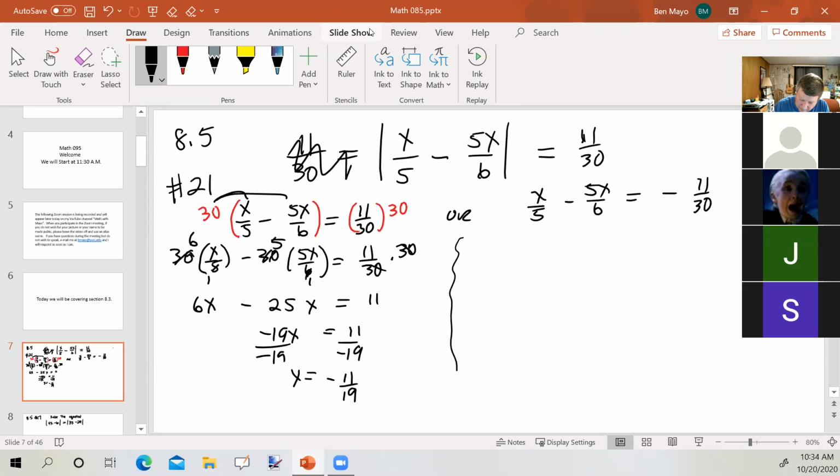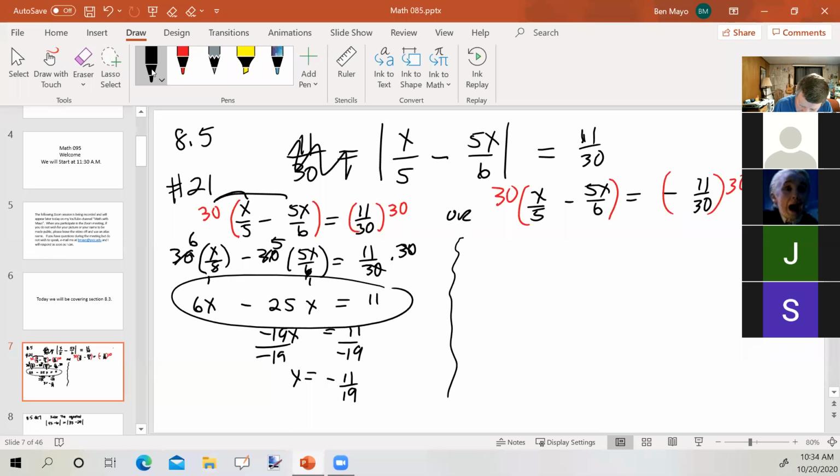Now, let's go over to this other side and deal with this one. Here, once again, the LCD is 30. Can you see that all the steps are going to be the same all the way down to here, except instead of having 11, what am I going to have on the right side?